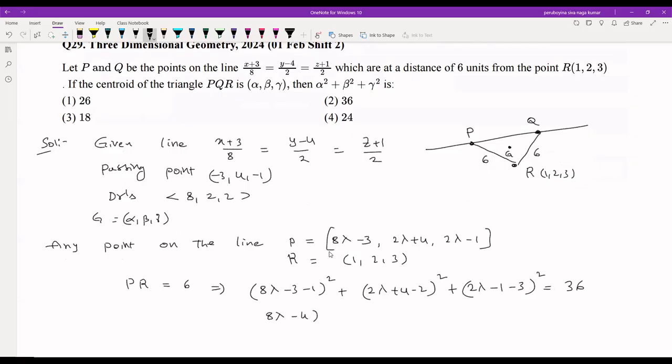Therefore it is 8 lambda minus 4 whole square, 2 lambda plus 2 whole square, and 2 lambda minus 4 whole square equal to 36.